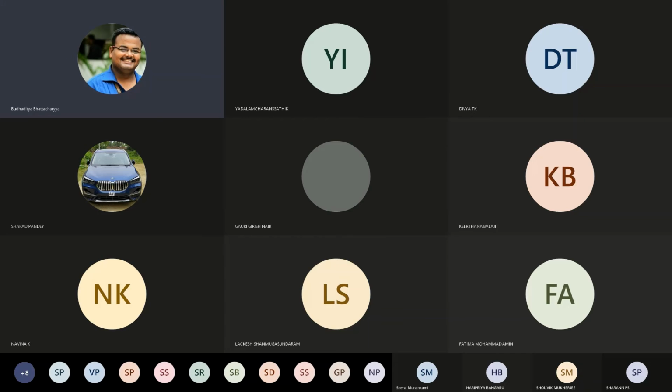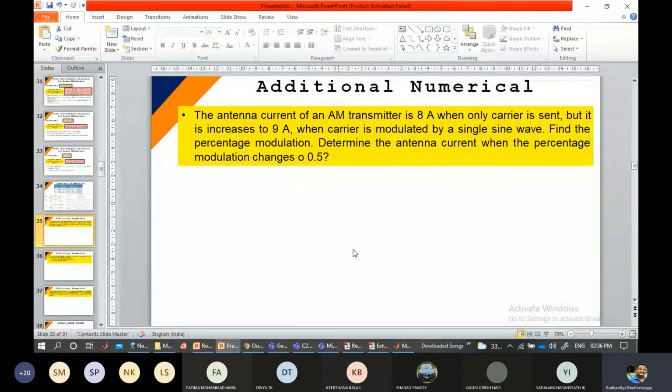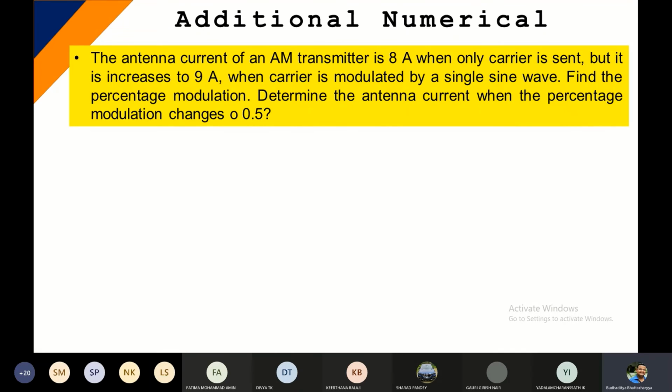The next question that I would prefer to attempt is of this nature. This I will solve over here itself. This is again an additional numerical, as I was trying to point out to you.